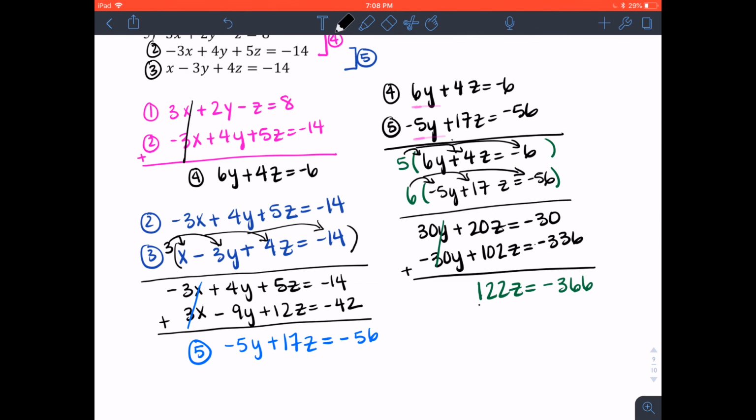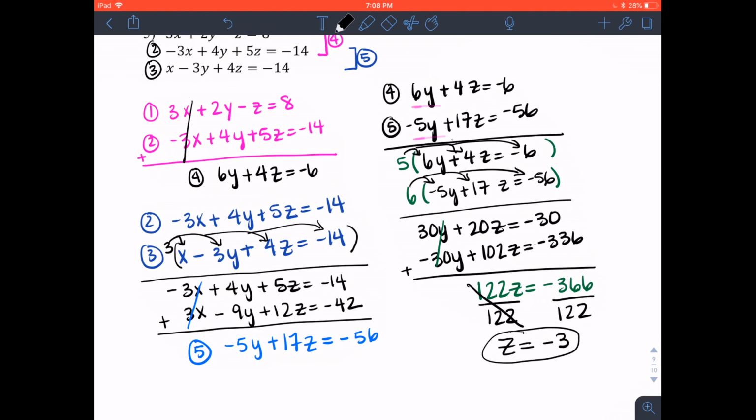So when I divide both sides by 122 to try to get z by itself, the 122 cancel, z is now equal to negative 3. Because negative 366 divided by 122 is negative 3. So now I finally have z.